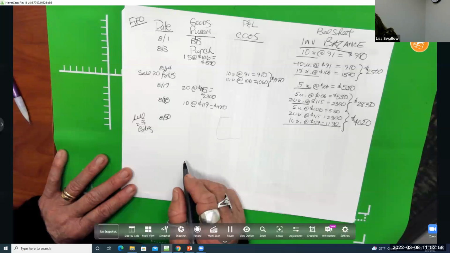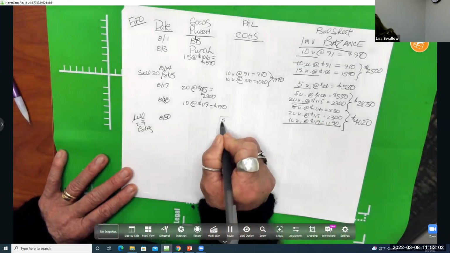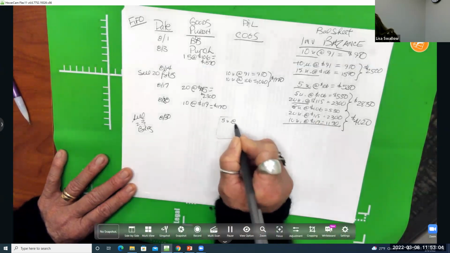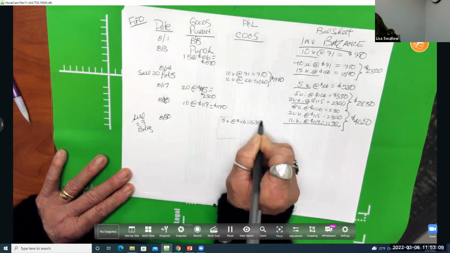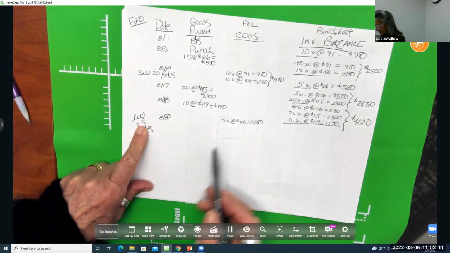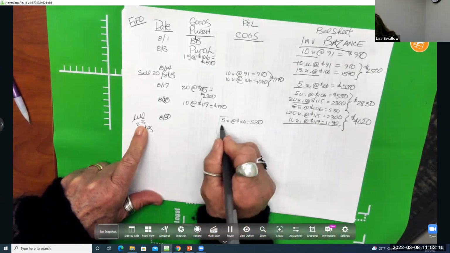Okay, so COGS, 23 bikes. I'm going to pick up these guys because they're the oldest. First in, first out. And if I sold 23 bikes, and I just picked up 5 of them, there's 18 left from here.